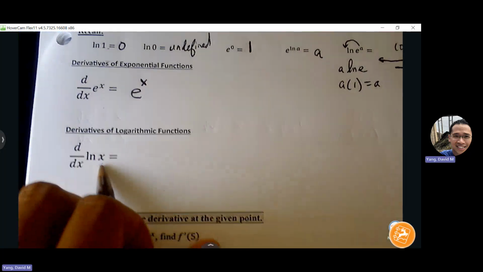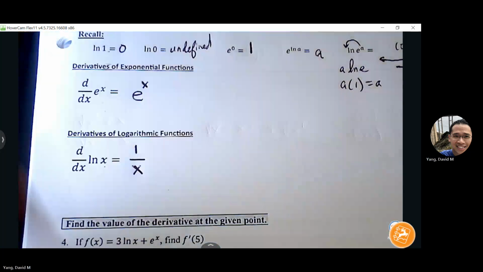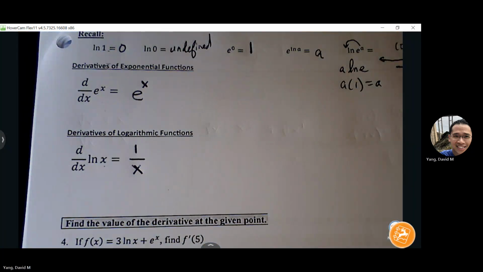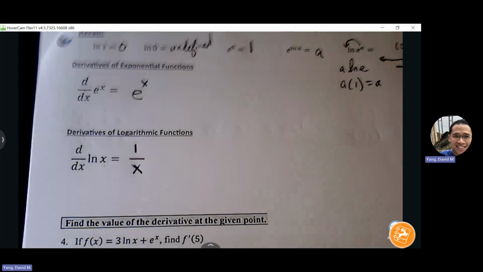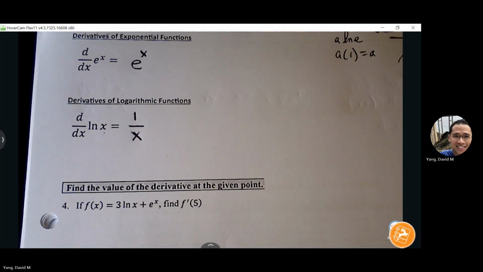Natural log's derivative is 1 over x. We have more to explore later on, but right now we're just doing the very basic rules. Later, when we introduce chain rule, there's a little bit more involved, but at least we can get used to these base rules here.